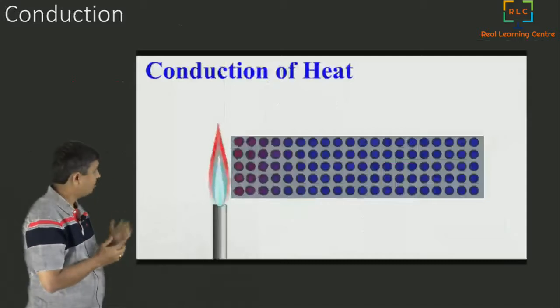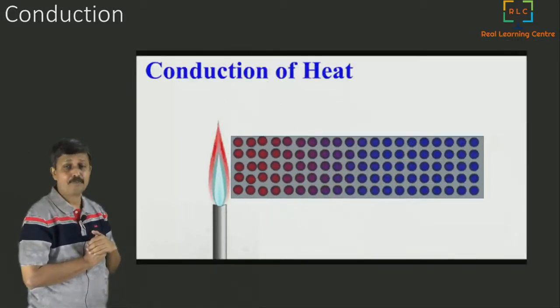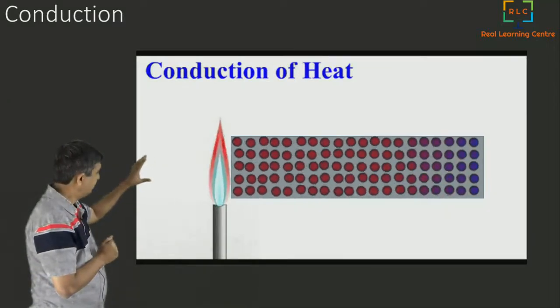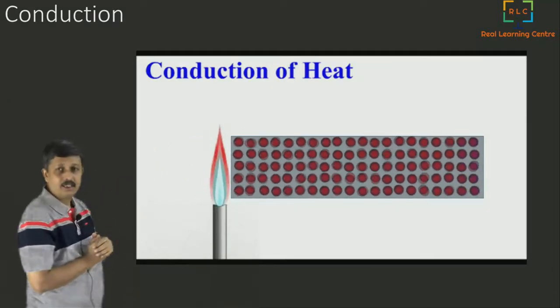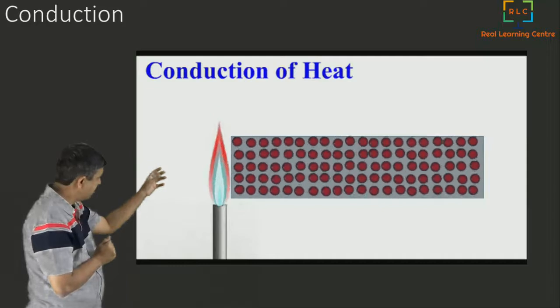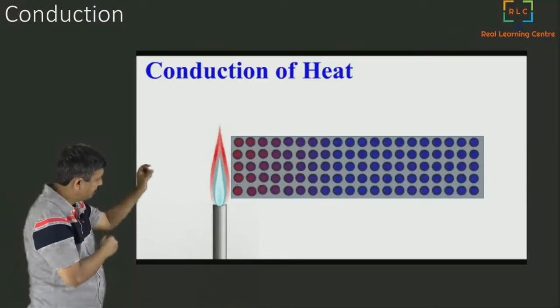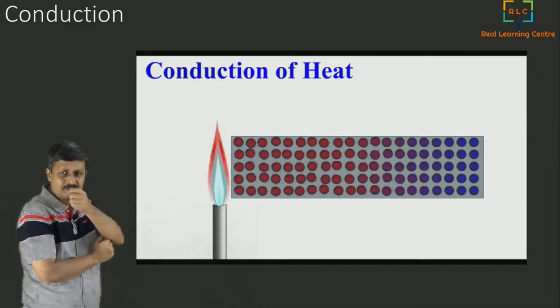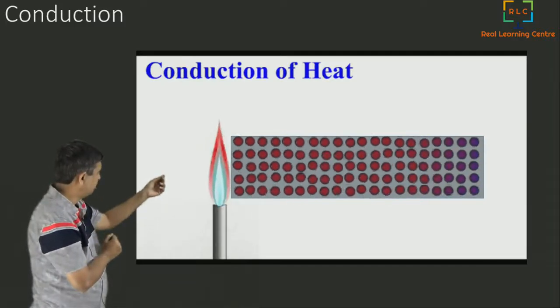So conduction is quite apparent in this particular animation. You can watch here. There is this metal bar, and inside the metal bar I have just expanded it. You can see that these molecules are actually jiggling. Now they are very small, the metal atoms.